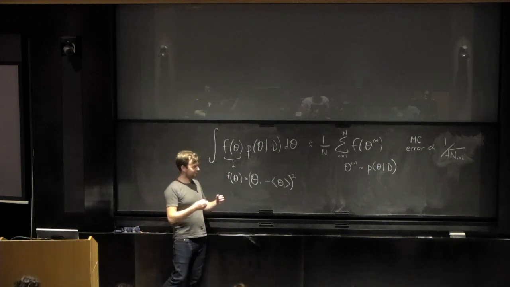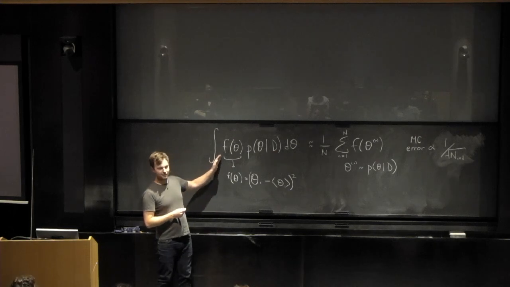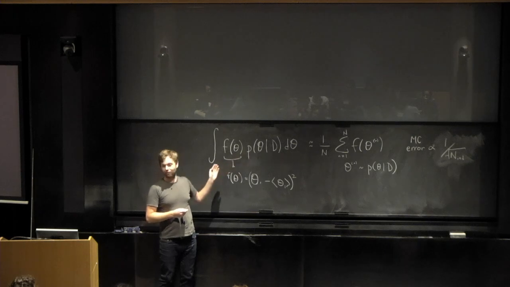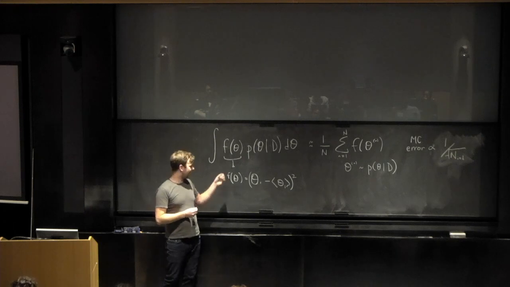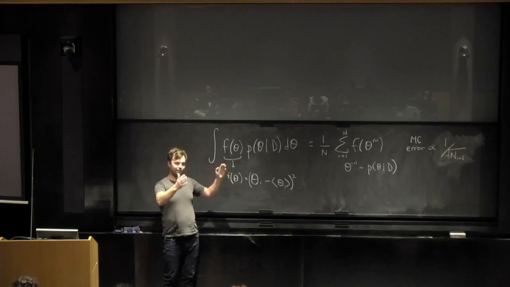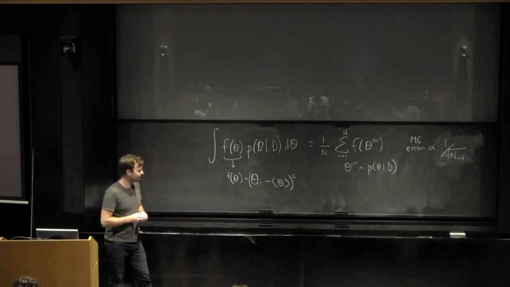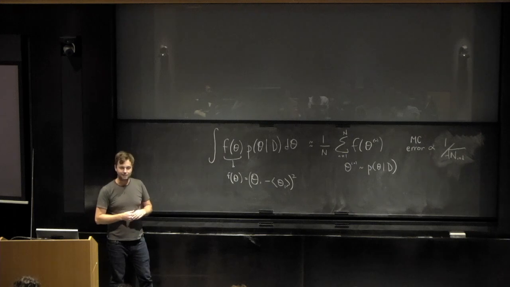So a common thing to do would be to find the 16th and 84th percentile of your 1D probability distribution. And that would give you some bounds on the expected distribution of your parameter. And that's all something you can compute as an integral that looks like this.